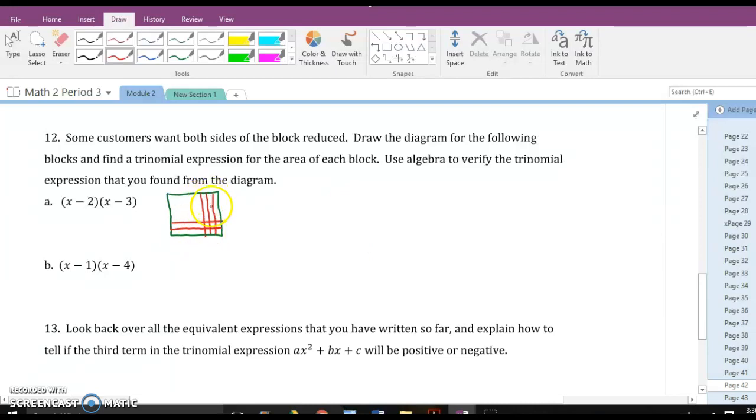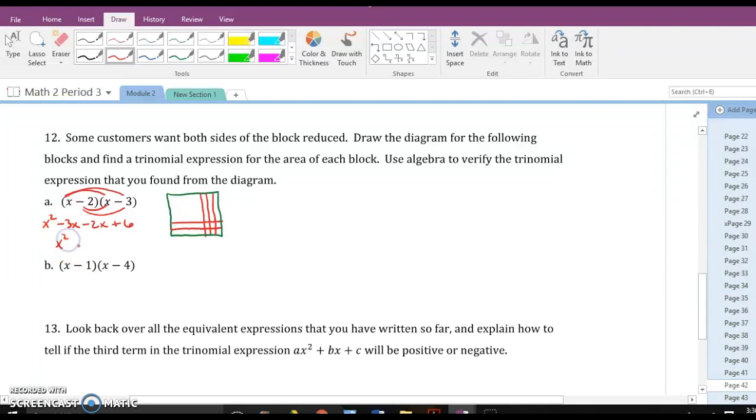Well, when we subtract all of this and we subtract all of this, how does this work out? Well, if we do what we know algebraically, x times x is x squared. X times negative 3 is minus 3x. Negative 2 times x is minus 2x. But then negative 2 times negative 3 is plus 6.